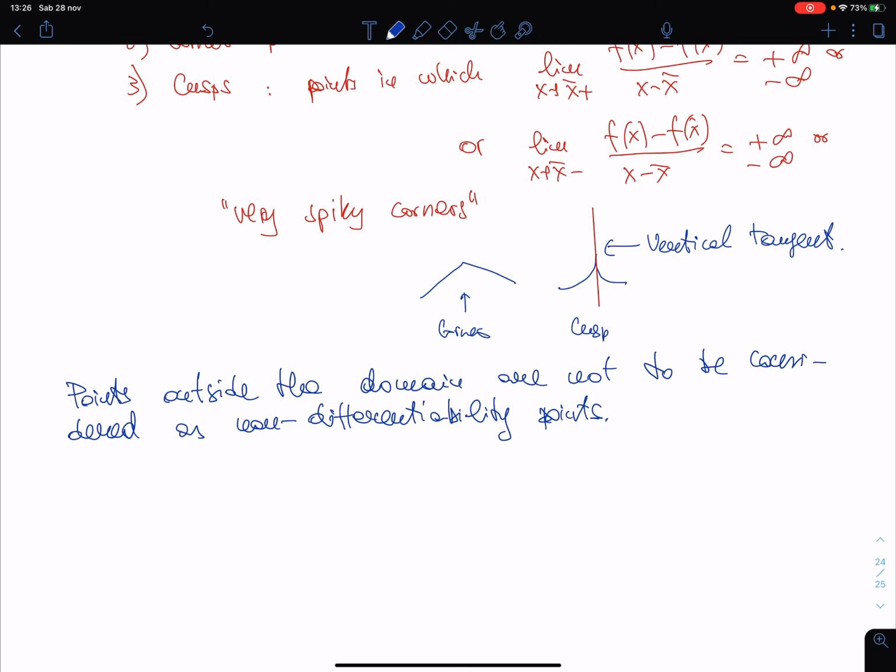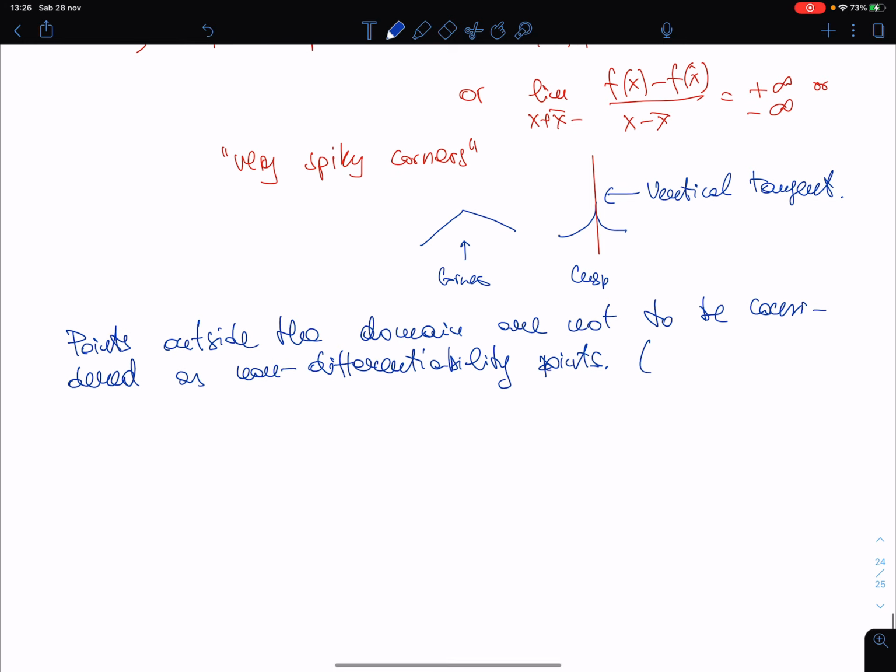They are just outside the domain, and exactly as they are not to be considered as non-continuity points.